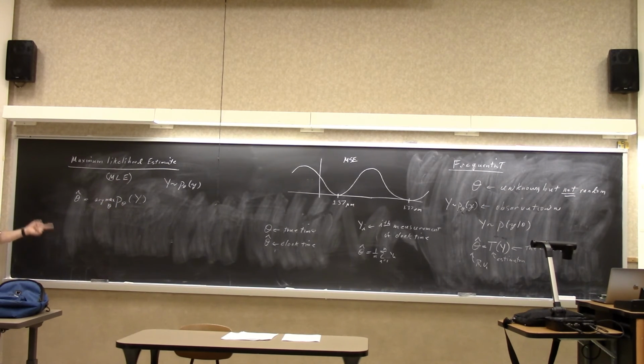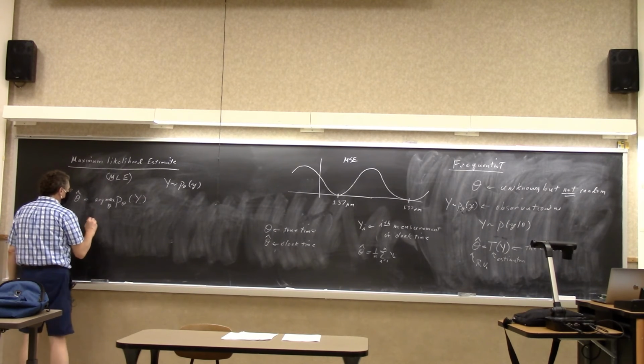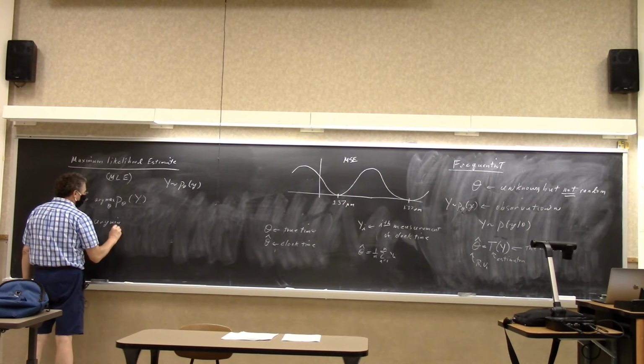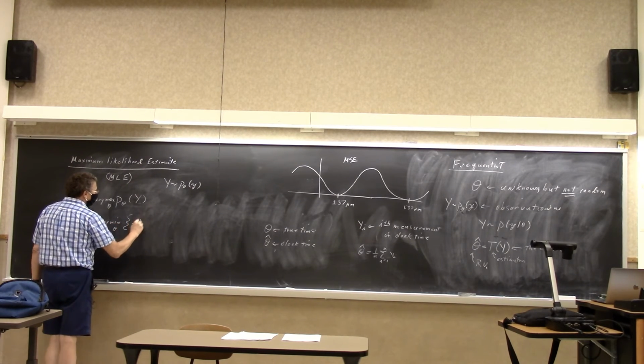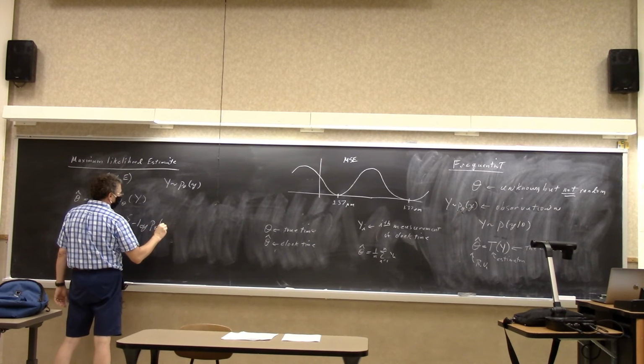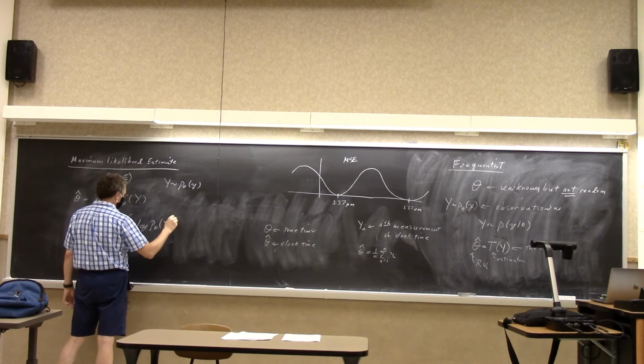So you take the value of theta that maximizes the probability of the observations. Seems like a very reasonable thing to do. But the way you usually do that is like this. You actually do an arg min over theta of the negative log of p theta of y.